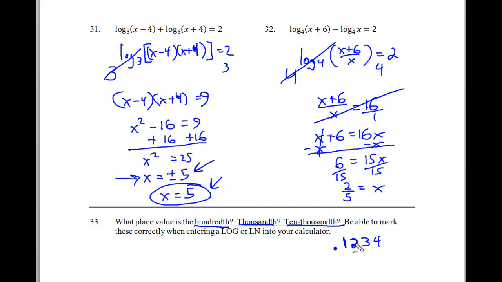So tenths, hundredths, thousandths, 10,000ths. So this is the hundredth, this is the thousandth, this is the 10,000th. So make sure where it asks in the test to round to that location, you do so. Not doing so will have you lose a point.